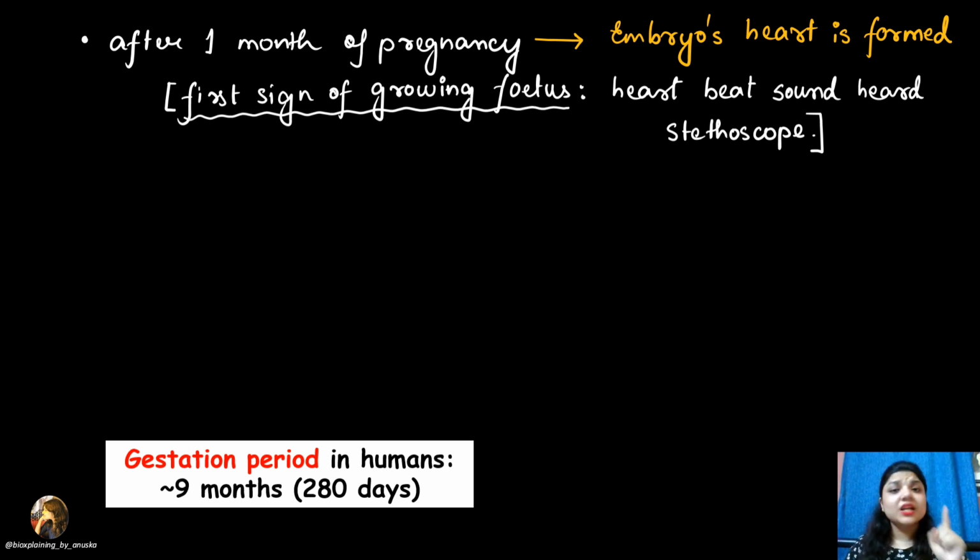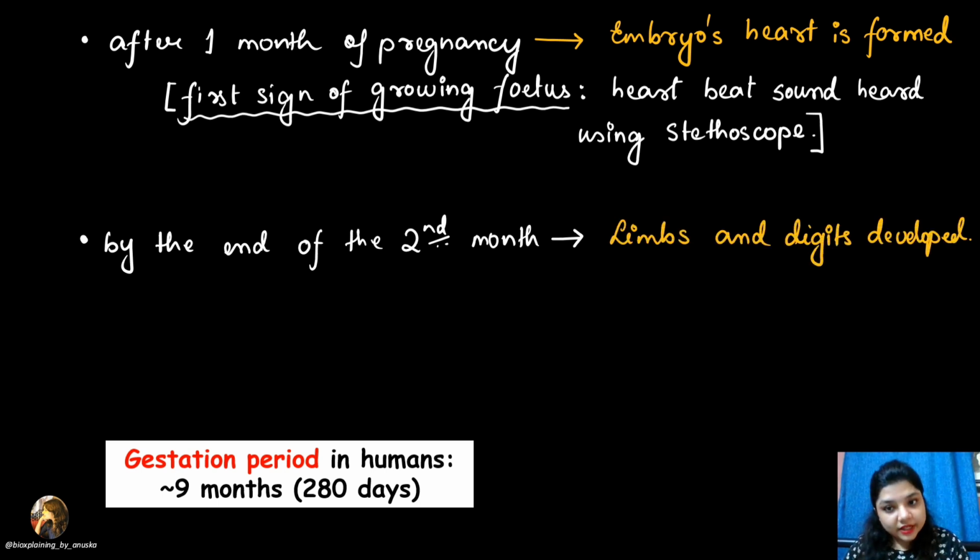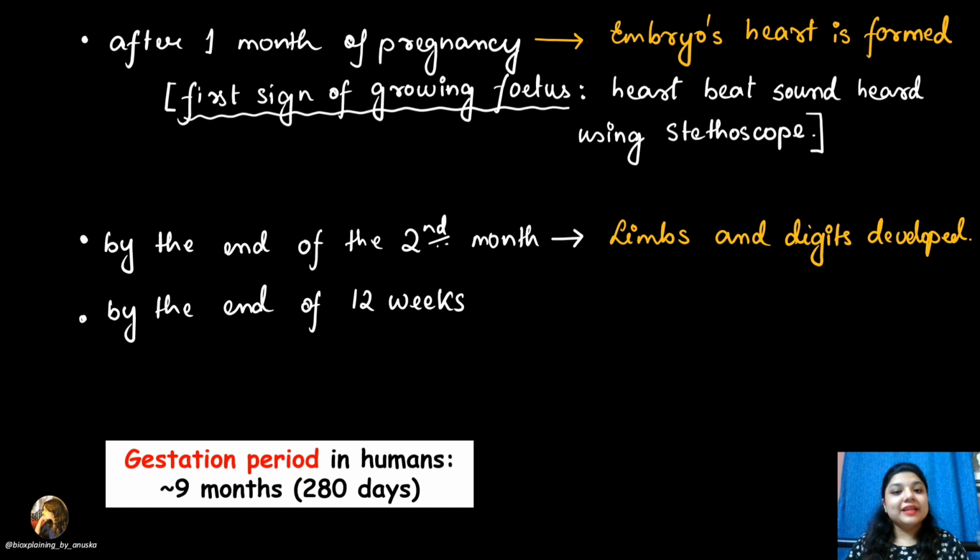Done. Next, by the end of the 2nd month, the limbs and the digits have developed. Limbs means hands and legs, digits means fingers. So 1st month, heart is formed. 2nd month, limbs and digits are developing. By the end of 12 weeks, so 12 weeks means 1st trimester is done, right?